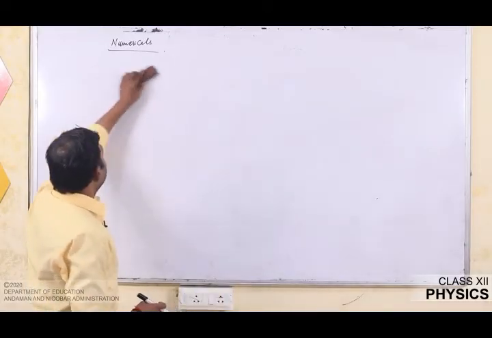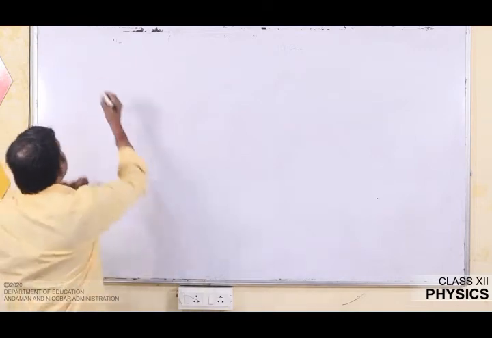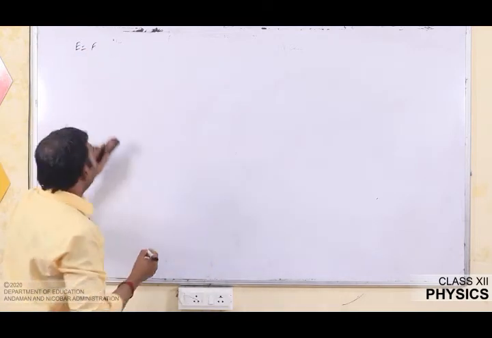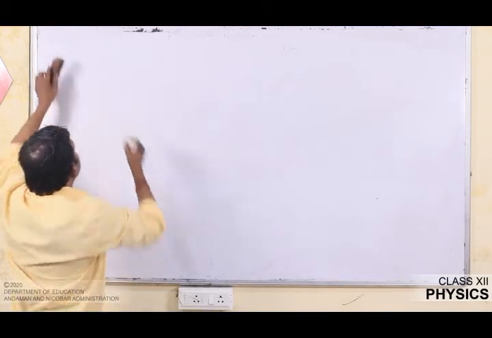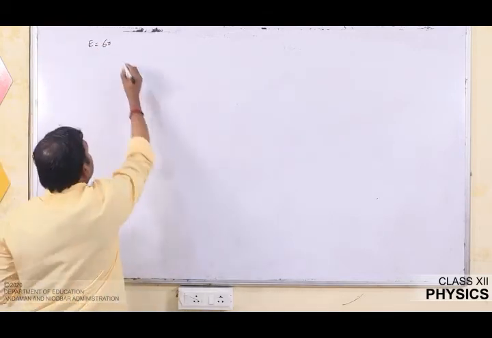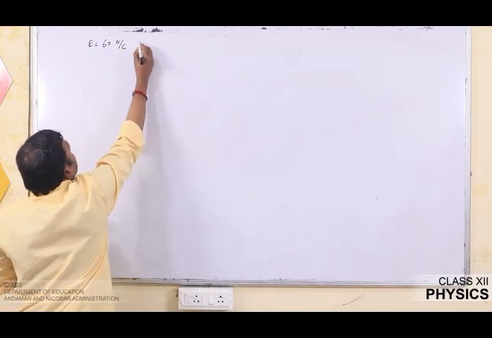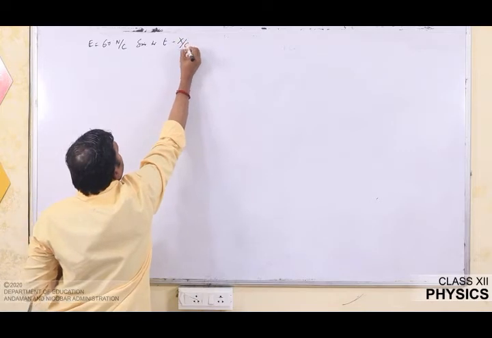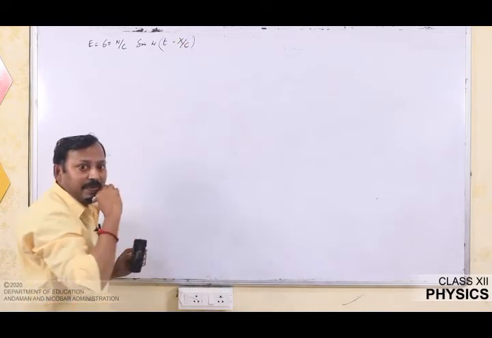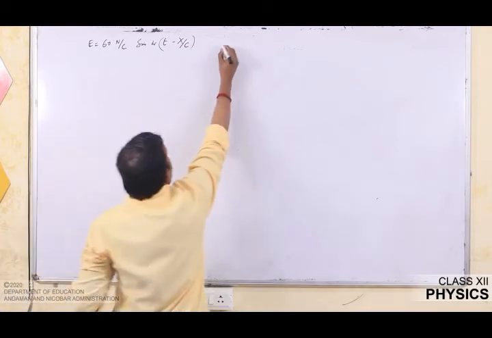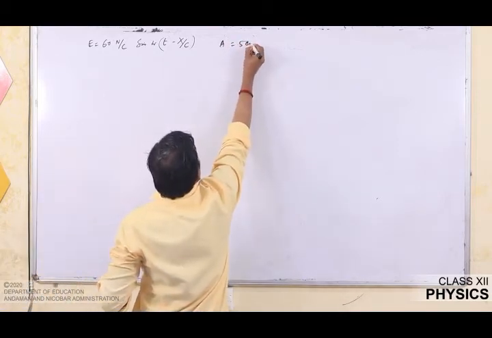Here the given parts are: the electric field E equal to E0, electric field E equal to 60 Newton per coulomb sin omega (t minus x by c). The cross-sectional area is given, A is equal to 5 centimeter square.